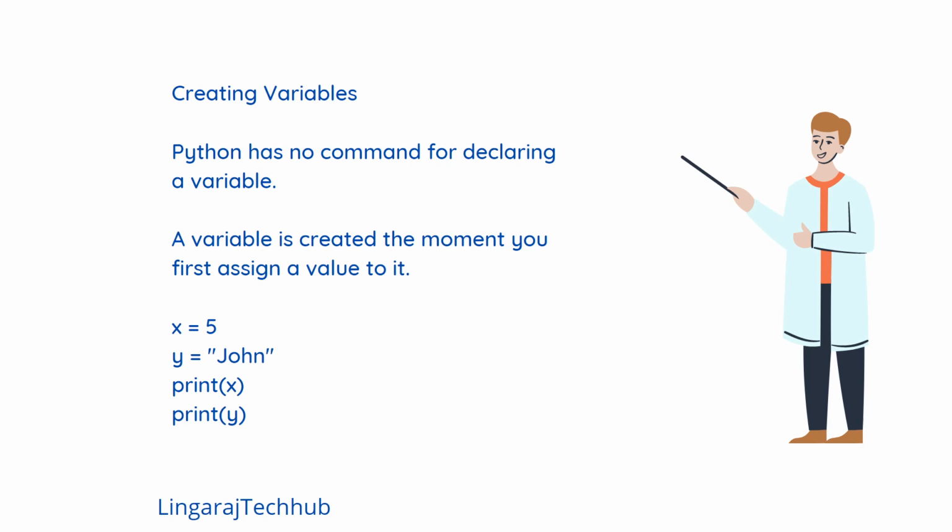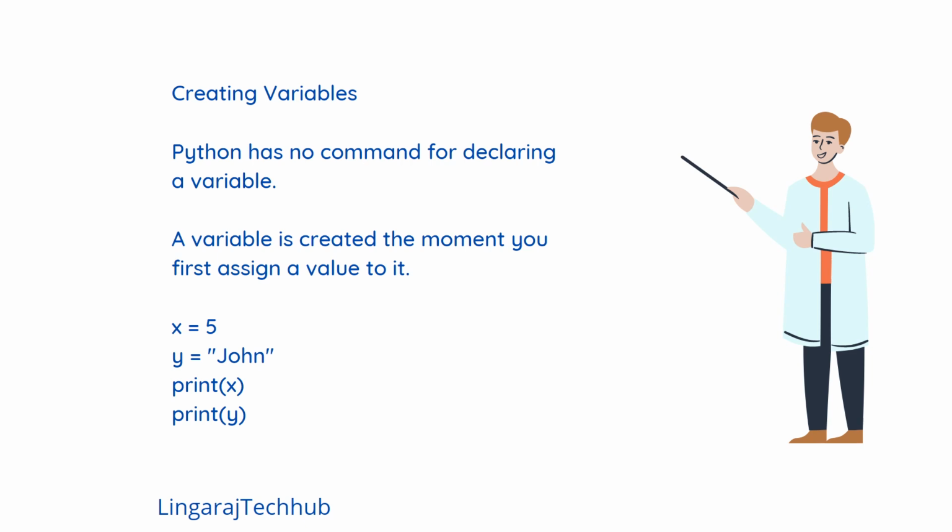If you go for C++, there is int x; but in Python, x = 10, x = 5.5, or x = in single or double quotes, write some string or characters, and then it is defined what type of variable I am going to use in this program. Here x = 5, y = "John".